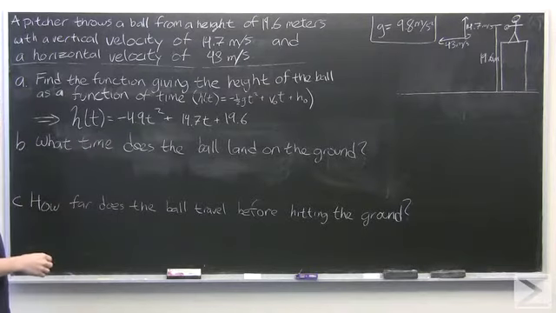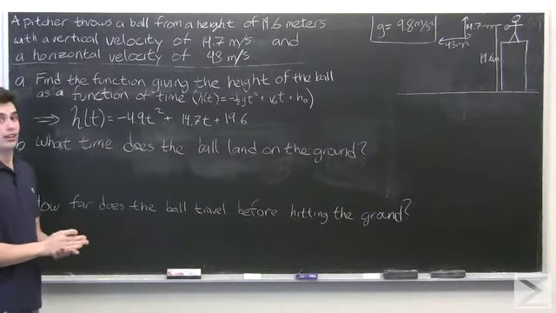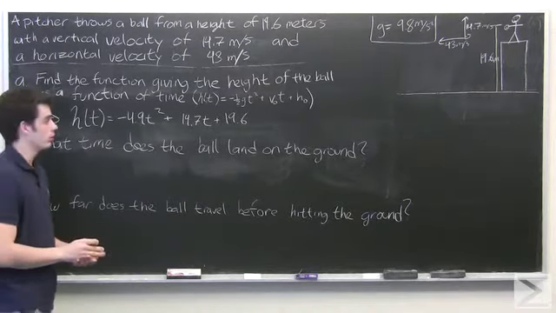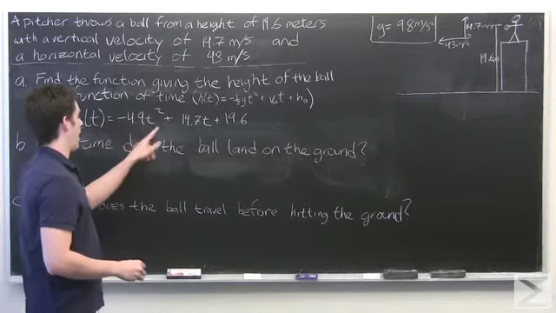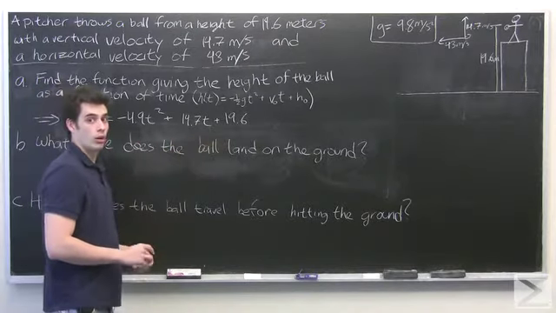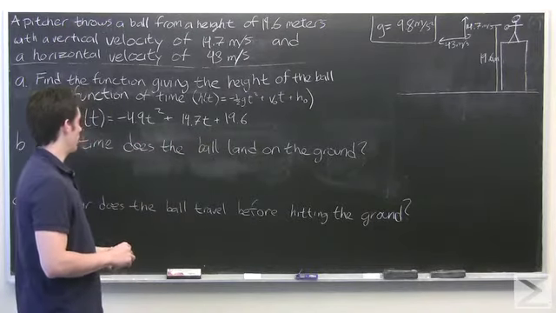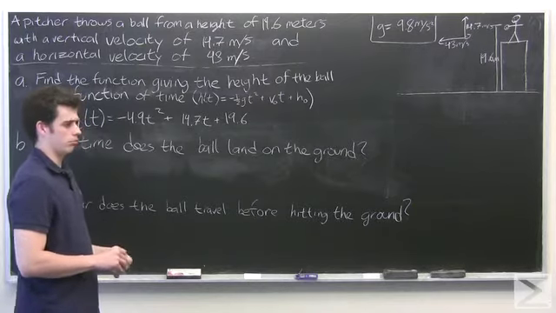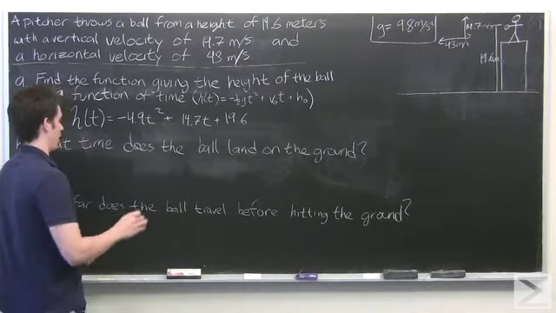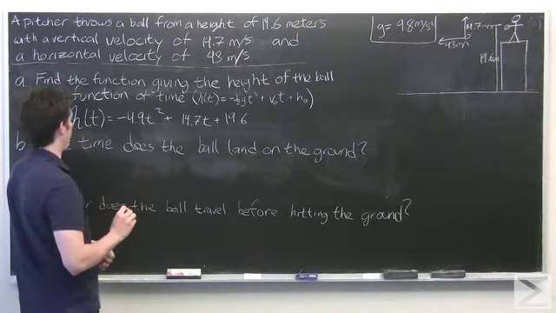So the next part is, what time does the ball land on the ground? In other words, when does this equal 0? And there's a couple different ways that you can do this depending on what materials you're allowed to use. If you have the quadratic equation, you can plug in a, b, and c into that. Or if you have a graphing calculator, you can take a look at that. Either way, it's not that difficult, though a little bit time-consuming and space-consuming as well.